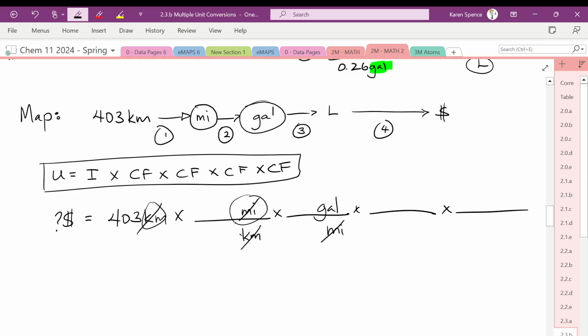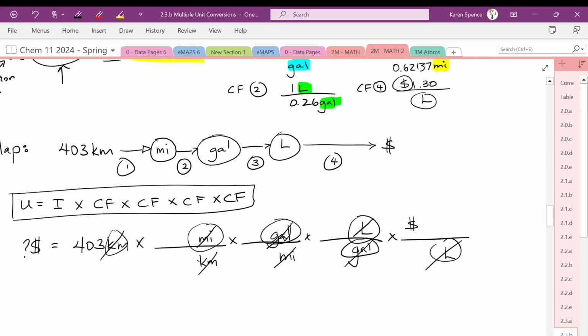Miles cancel out. Now I have gallons, and they need to cancel out, so they go down at the bottom. Gallons. And I want to find liters. Now I have liters, so I need to cancel that out. And I want to find dollars.